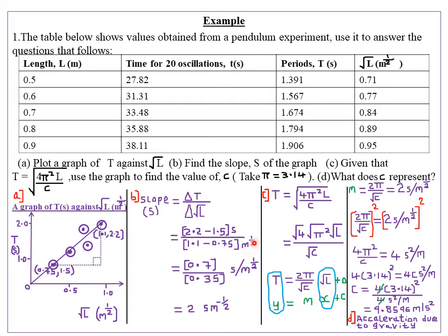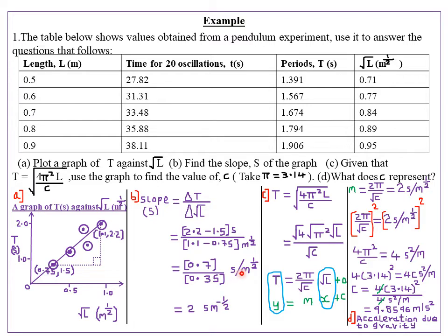Of course, meters power a half, because this was in meters power half. So this gives me 0.7 divided by 0.3, of course, which is seconds per meter power a half. So you perform the quotient, you will get 2 seconds meter power a half.